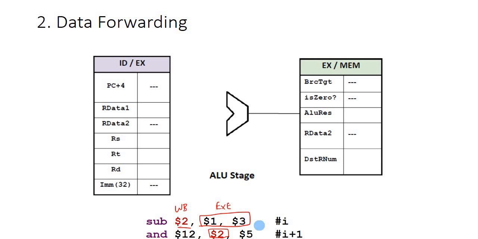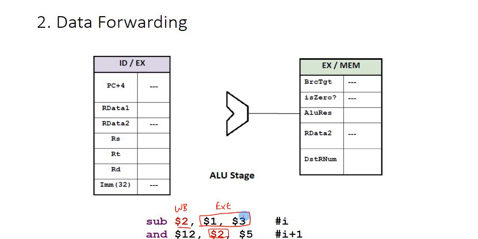So I can straight away use this information instead of waiting for the data to be returned back. So if my previous instruction has the data available from the exe stage, once it is available, I can forward it to subsequent instructions that are in the pipeline and need this data.